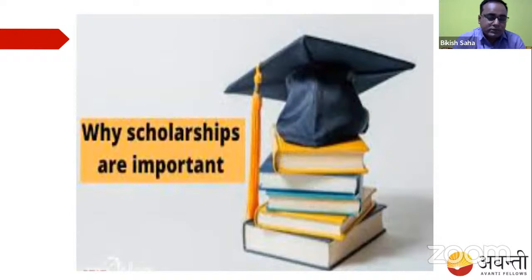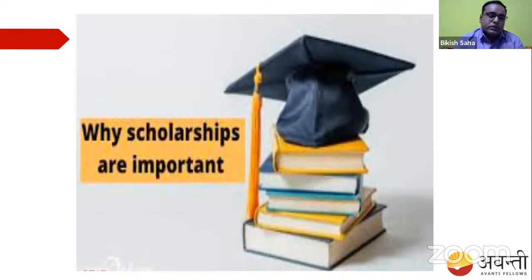So, what is a scholarship? What do you know about scholarships? A scholarship is financial support provided to students for pursuing their academics and higher studies.